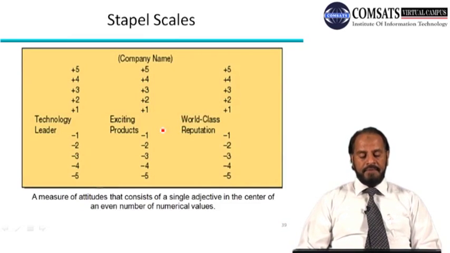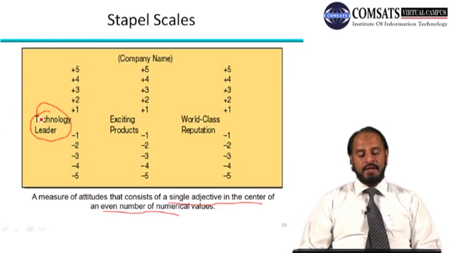The Stapel scale basically consists of a single adjective in the center and even numbers everywhere. So in case you don't have two extreme values, but basically a singular statement or adjective, such as technology leader. You want to find out if your company is a technology leader.